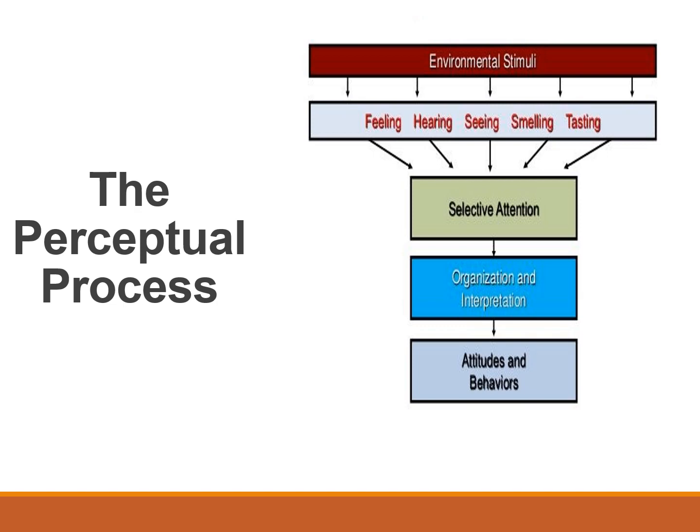Normally we don't get all the information from the environment. We pay attention to and select the most important information from the environment. That is known as selective attention. And then we try to organize and interpret that information. Then based on that, our attitudes and behaviors may be created.